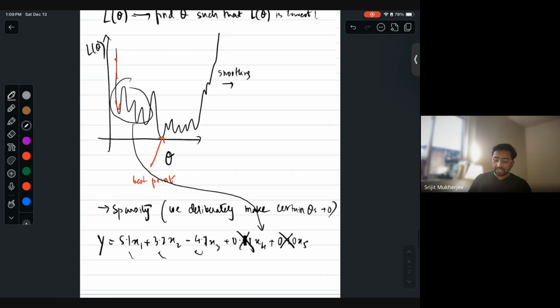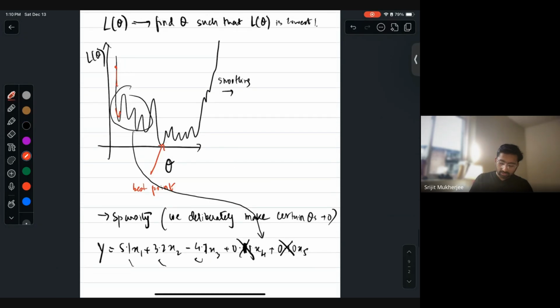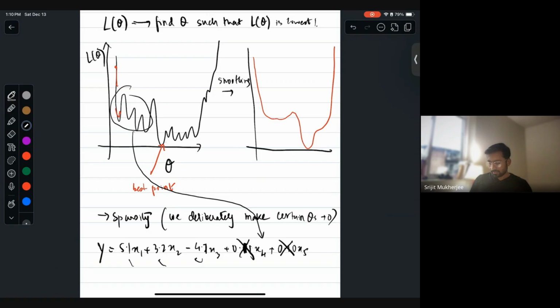Probably these are the reasons why there is so much crookedness. So it kind of smoothens the loss, and we get something like this. And now it's easier to learn because it can slowly move up here. So this is the use of regularization.